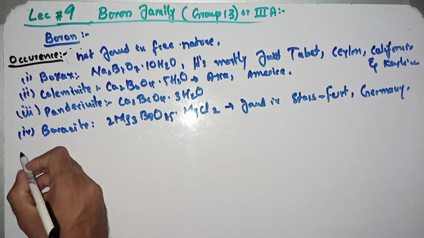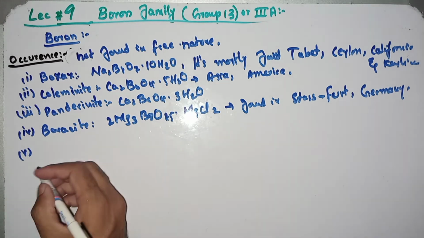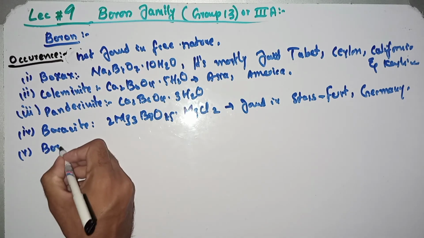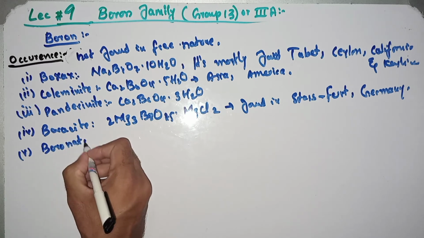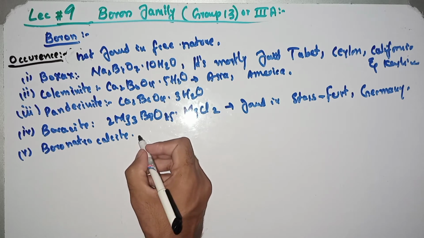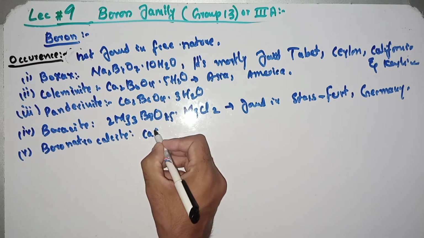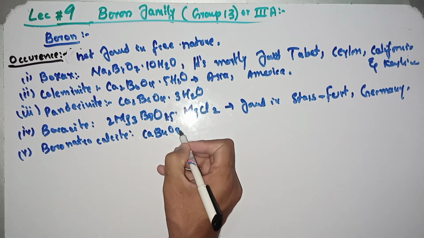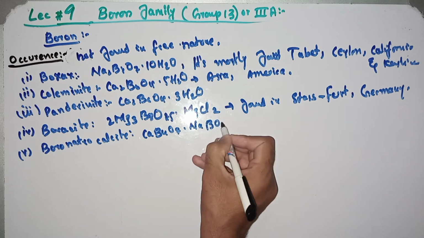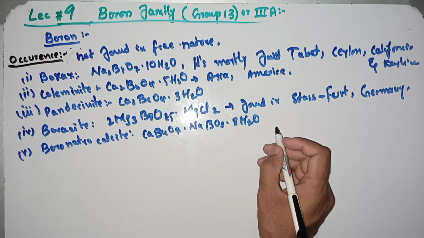Also, boron can be found in the form of boronatrocalcite. The formula of boronatrocalcite is CaB4O7.NaBO2.8H2O.